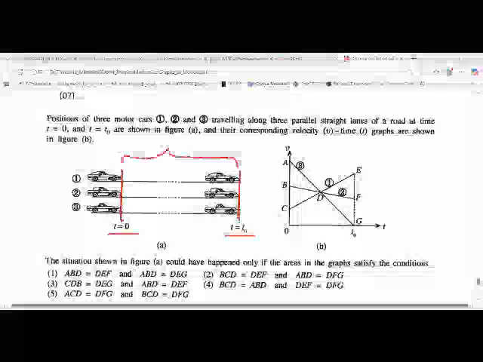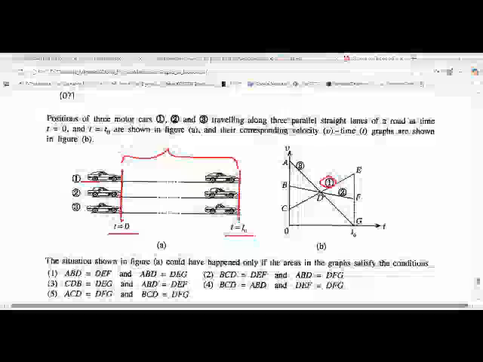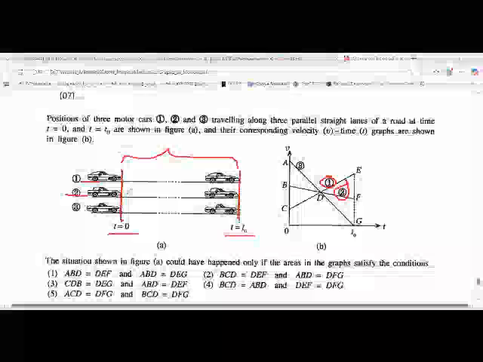Displacement should be equal. But according to this graph, the first car is accelerating. The second car is decelerating. The third car is also decelerating, but more than the second.